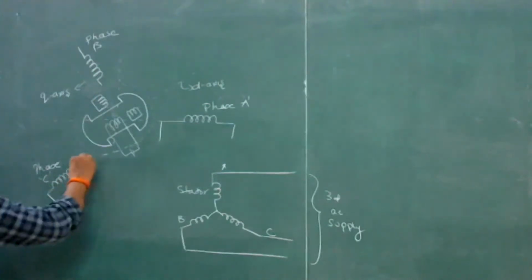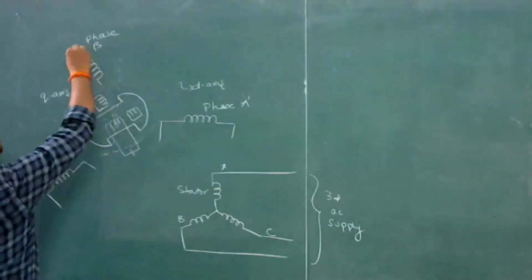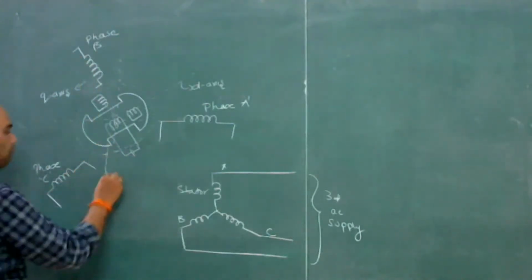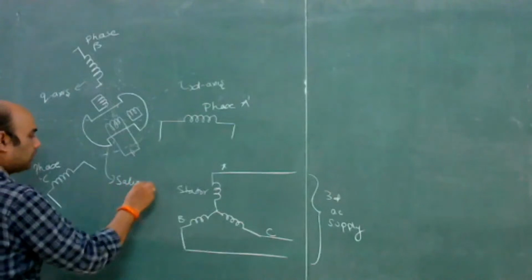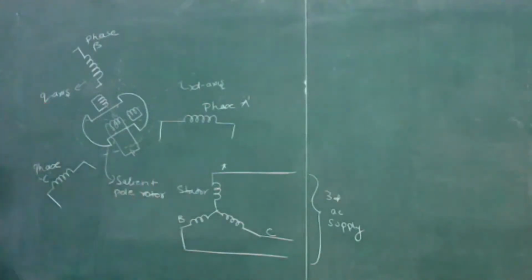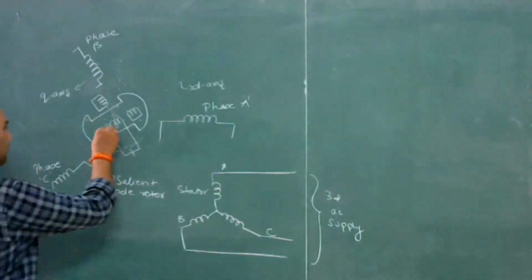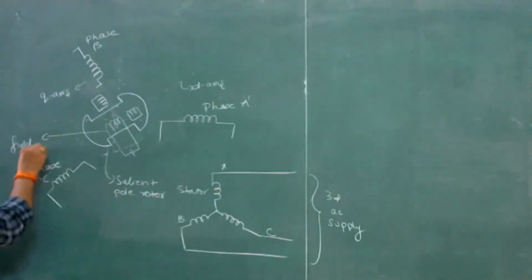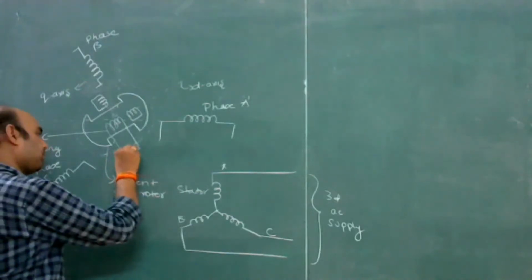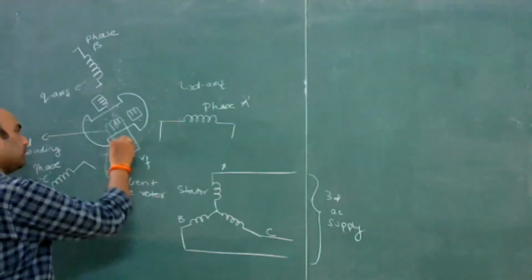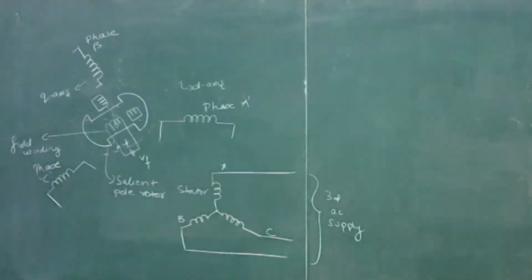and this is phase winding C, and this is the salient pole rotor, salient pole synchronous rotor. Okay, and this is the field winding. It is supplied by a DC voltage, that is VF, and the current flowing through this field is IF.